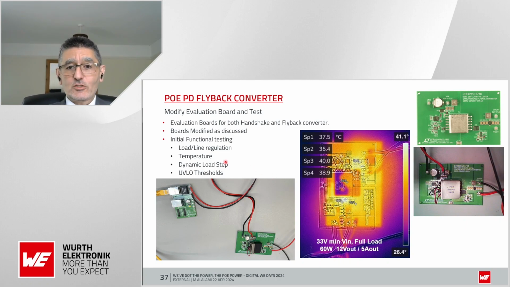But at that stage, we were just looking to ensure functional operation: load and line regulation, temperature rise, step response, and so on, and the voltage lockout thresholds. So we weren't keen at this time, naturally, on the EMI side of things until the actual prototype was built. Then we have a more representative system to test the EMI side of things.